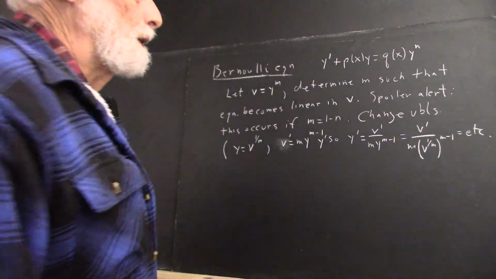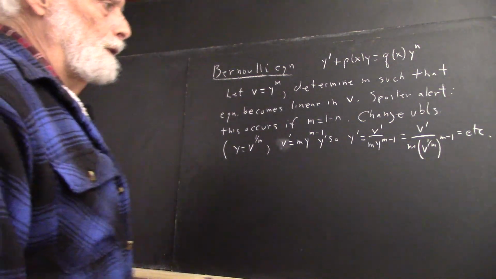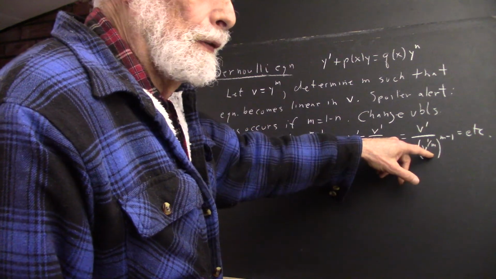And there's where I always screw up because I'm careless in doing these exponents, but this is going to be v to the m minus 1 over m.